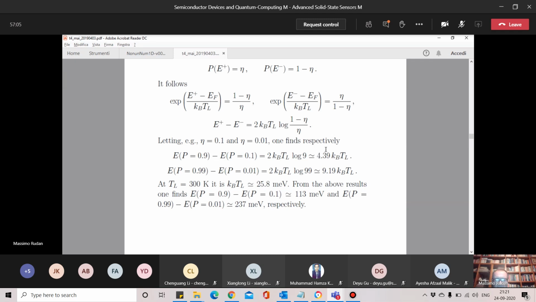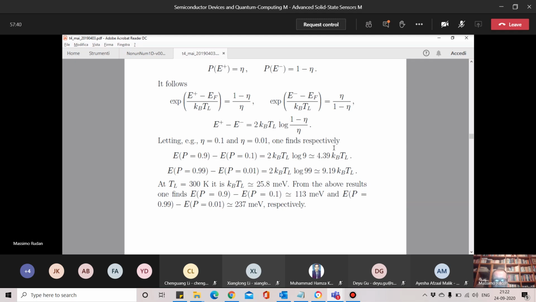It takes an energy that is about 4 times kT. Of course, if T is smaller, this energy will be smaller and vice versa. If you want to refine the calculation and calculate the energy that is necessary to go from 0.99 to 0.01, it will be about 9 kT.